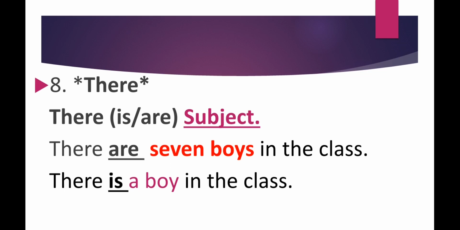For example, if they give there dash 7 boys in the class, here the subject is right after the dash, 7 boys, so that's plural, that's why I go with are. Now the second one, there dash a boy in the class. The subject here is a boy, which is singular, so I went with a singular verb. There is a boy in the class.